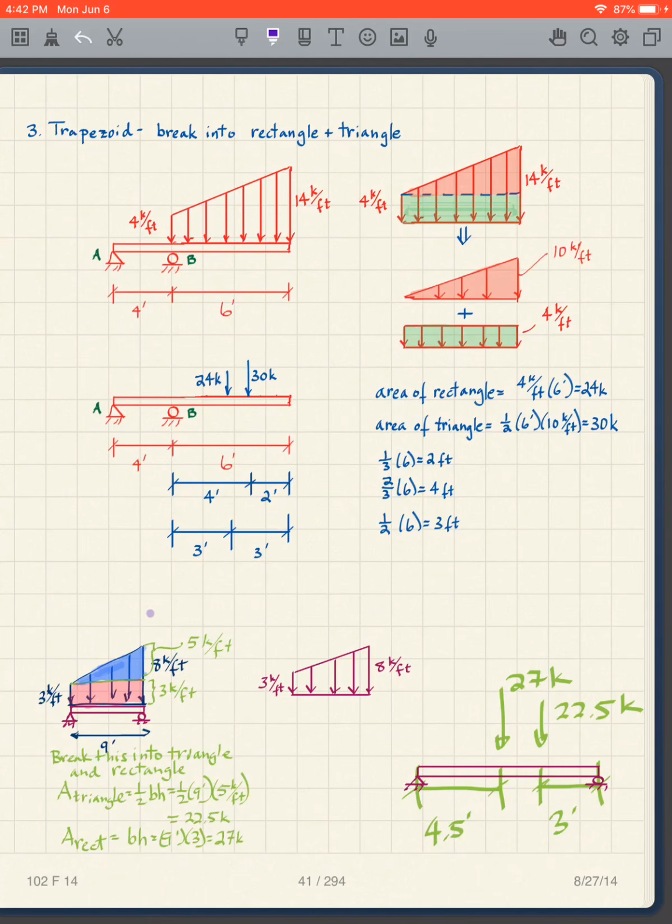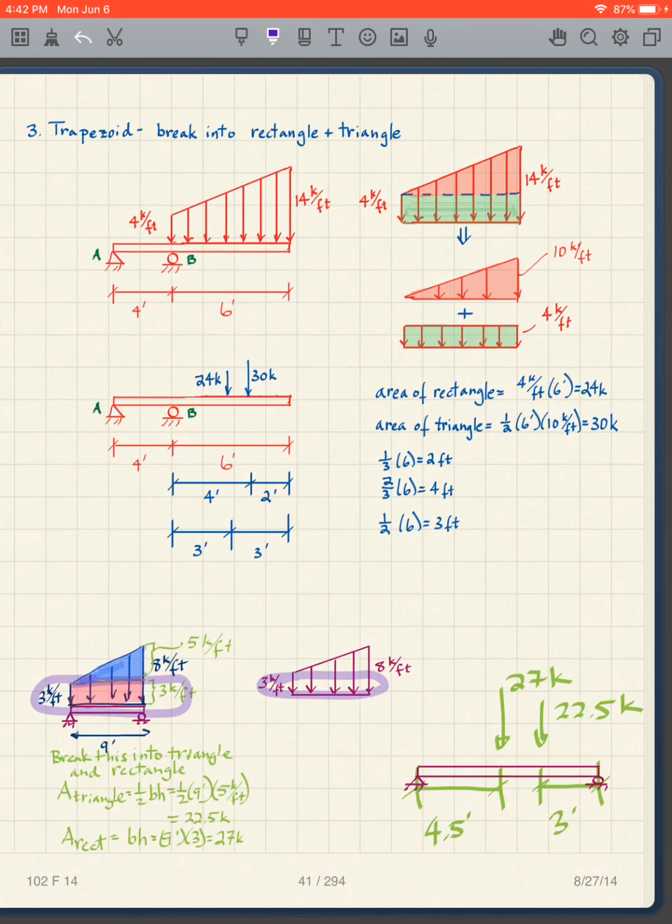Now here's another example down here. What do I have? I've got a 3 feet and 8 feet trapezoid. So I create a rectangle here and a triangle here. My rectangle is 3 feet, because I'm taking it right here.